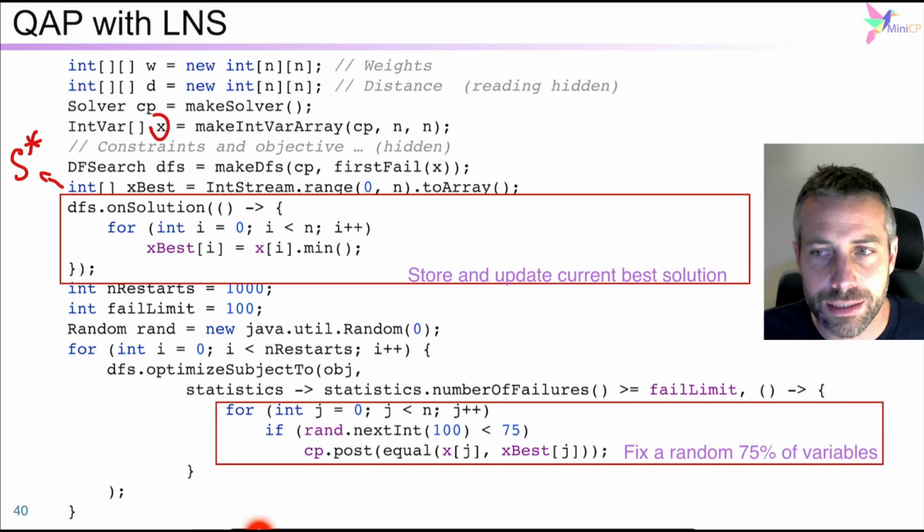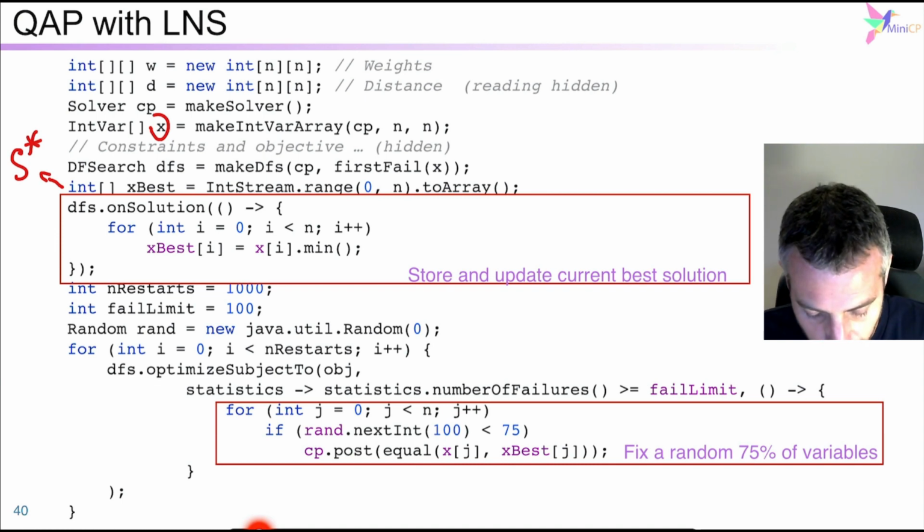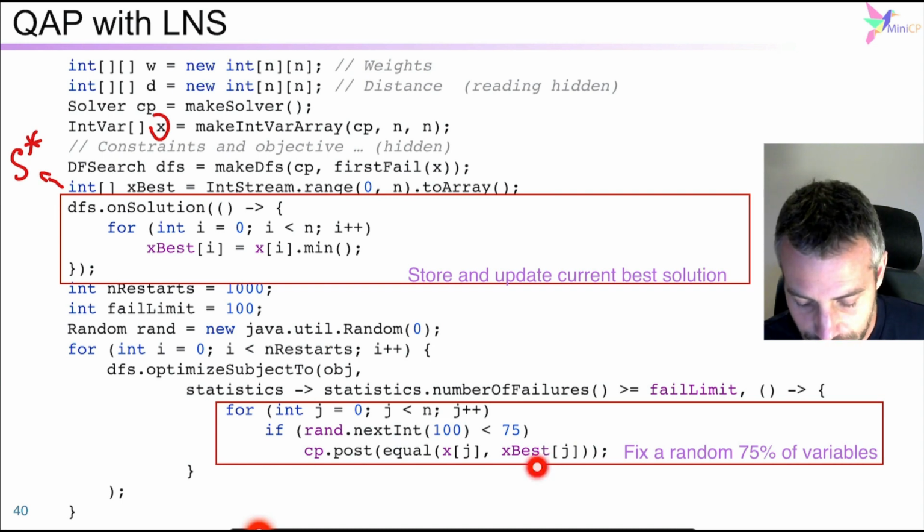So we will fix almost all the variables except a tiny fraction of the variables that we will not fix when we restart the search. We optimize subject to the constraint that the variables that pass this random filter will be fixed to the current best solution that we have. So x of j is fixed to the x best of j.